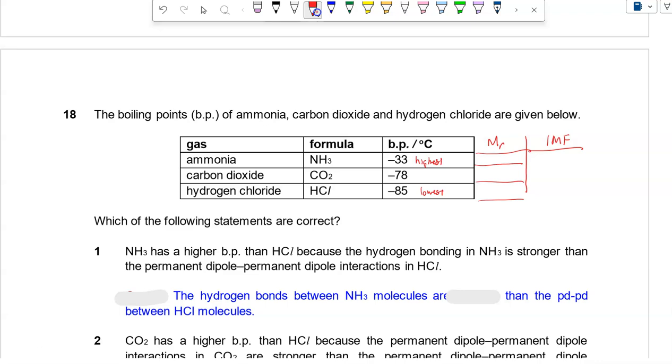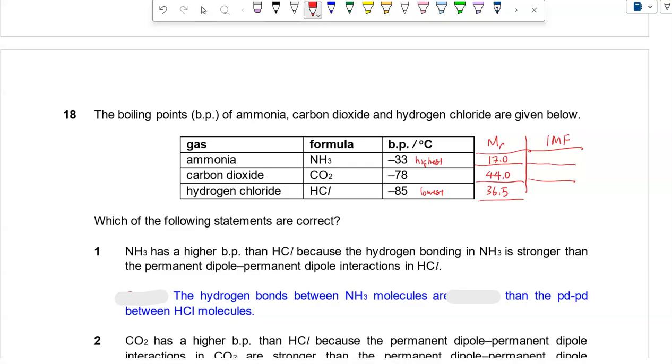Okay, so for MR for ammonia, it will be 3 plus 14, 17.0. Carbon dioxide will be 44.0. So all of this you can do it quite easily, 36.5. Okay, so you do see that the MR of carbon dioxide is the largest, but it has the lowest boiling point. Right?